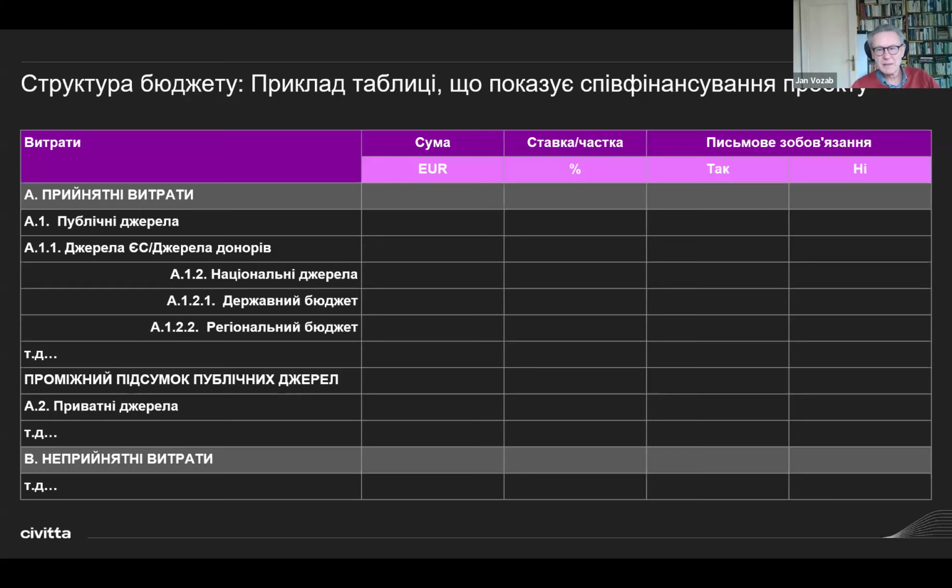Someone promised to pay you the money which you need for your project. So that's the basics of how to go through the budgeting, in a simplified manner. And there were some questions which I'll try to answer.